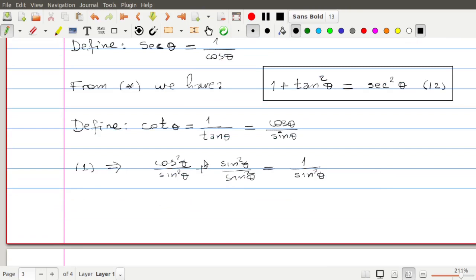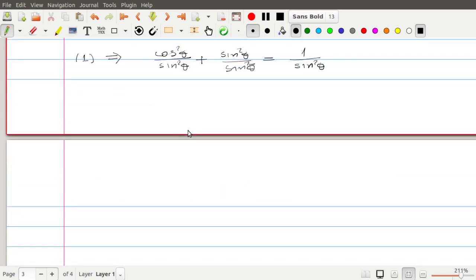So this gives us, we know already that this is cotangent squared theta, because cotangent is cosine by sine, and since we have a square, we can raise all to the square, plus 1 is equal to 1 over sine theta all squared.